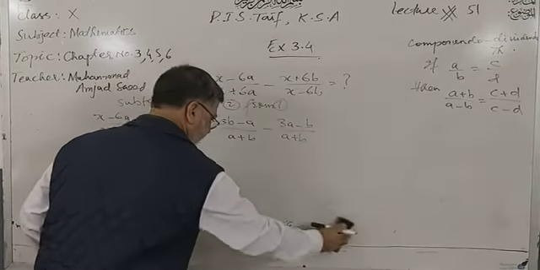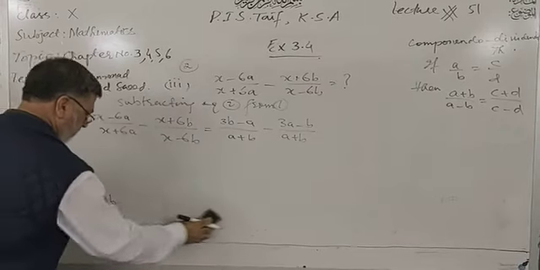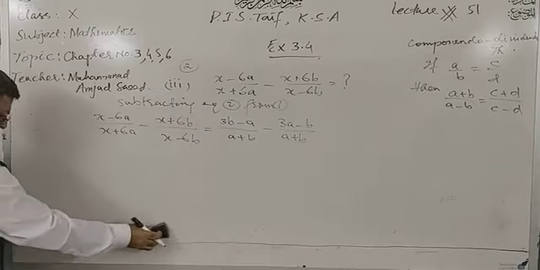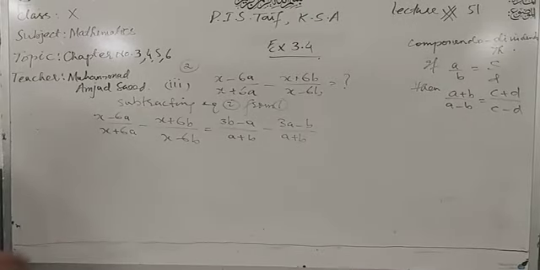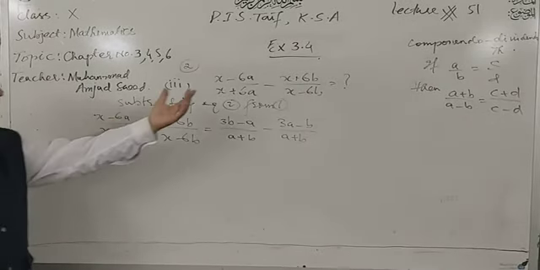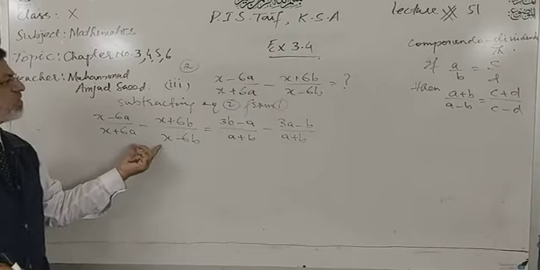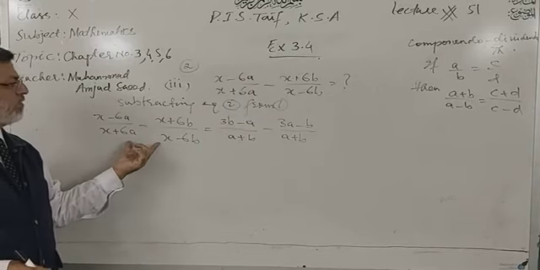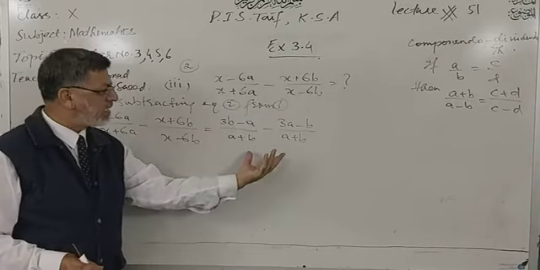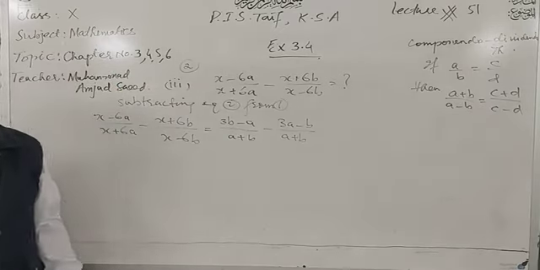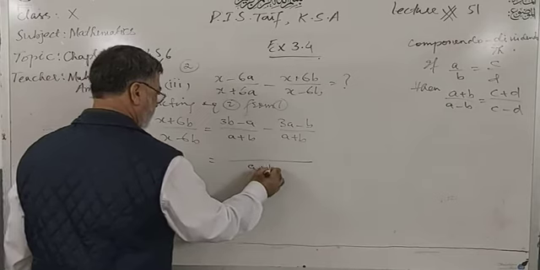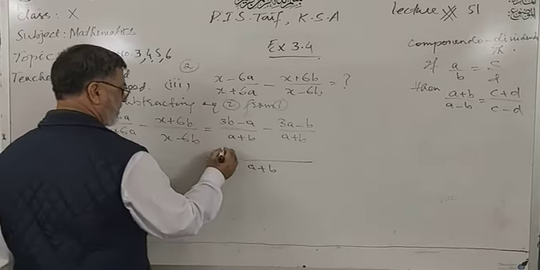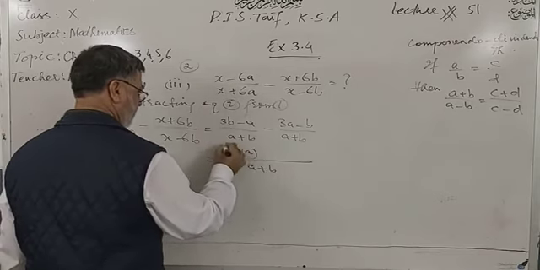Yes boys, you can check. Left minus left, we got this left hand side, which was required. Its value will be found out. And right hand side, simply find right hand side, we will get our required answer. Take a plus b as LCM. a plus b cancelled out, 3b minus a.